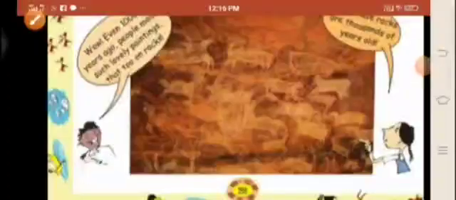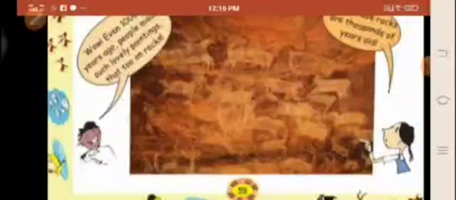Okay children, on page 28, this is one of the pictures from Bhimbetka. What is Bhimbetka? It's a place with lots of caves and cave paintings made by people 10,000 years ago. Wow, even 10,000 years ago, people made such lovely paintings, that too on rocks.